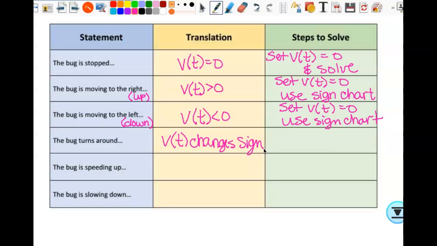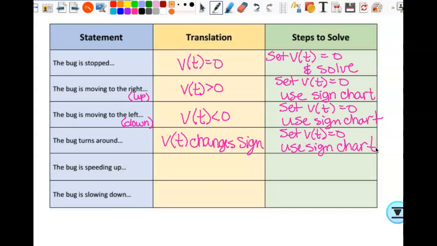And guess what we do? We set v of t equal to 0 and use a sign chart. Because you're going to get that same information, right? I don't care where it's positive and negative basically, but I care where it changes from positive to negative and negative to positive.